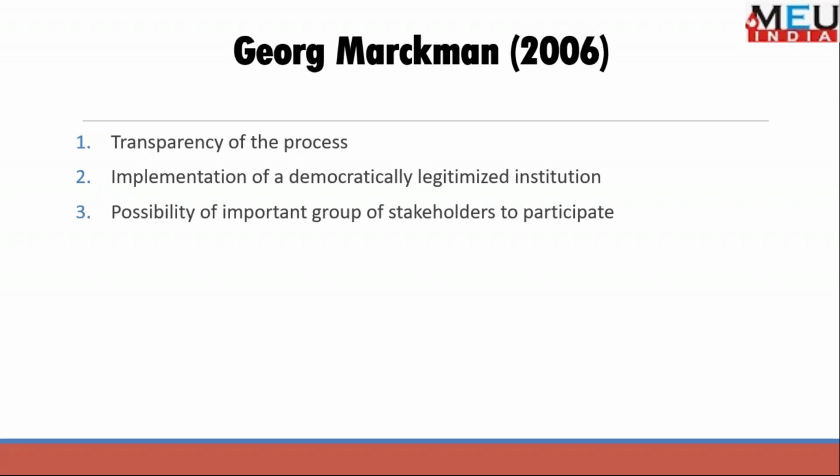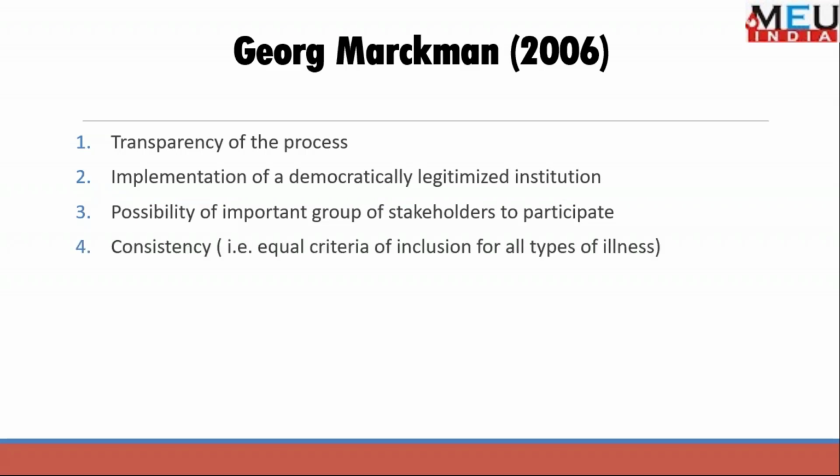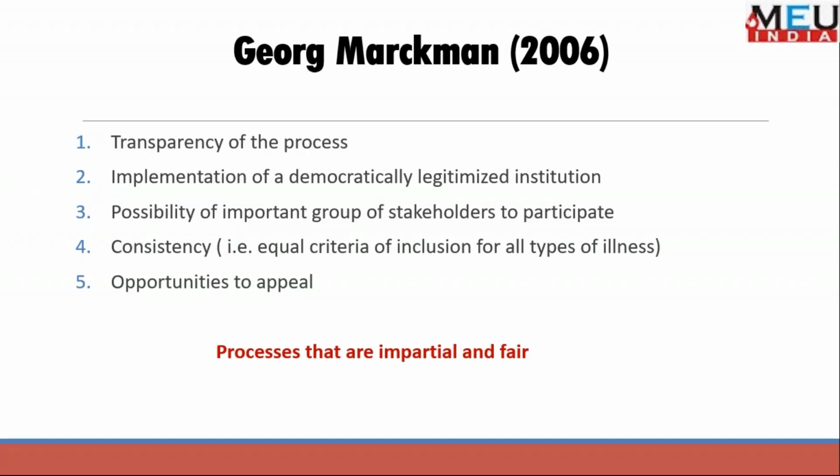If there is a particular policy, all stakeholders involved should be able to participate. And there should be consistency, equal criteria of inclusion for all different types of illness. There should be an opportunity to appeal, and that's why we're saying procedural justice. So the processes of meting out justice should be impartial and fair, and this is what is called procedural justice.